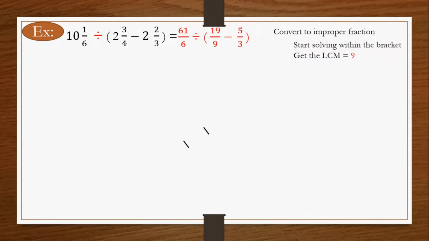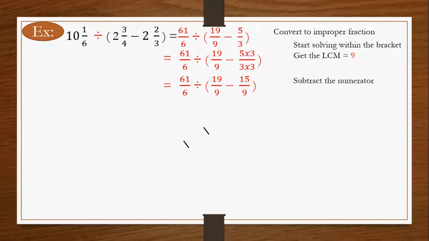Next, start solving within the bracket. So we will get the LCM of 9 and 3, which is 9. 61 over 6 divided by 19 over 9 minus 5 times 3 over 3 times 3. Then we will subtract the numerator here. The answer is 61 over 6 divided by 4 over 9.